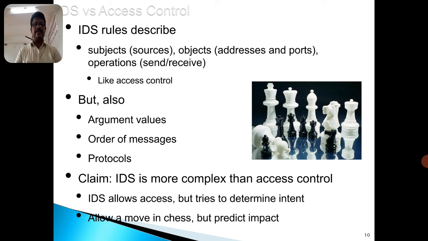The attacker always waits at one particular point for the transmission of data. Whenever traffic flow data is there, it can be captured or identified in the middle of the communication, along with argument values, the order of messages and the protocols.